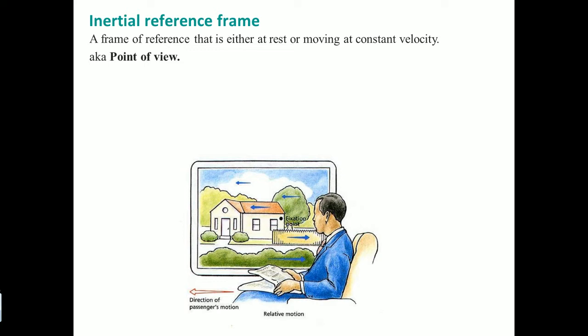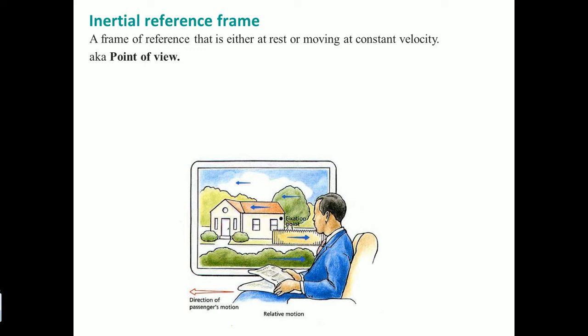In the picture here, you should see that the person can be seen as the inertial reference frame. The person sees the house as moving because he is the stationary object.